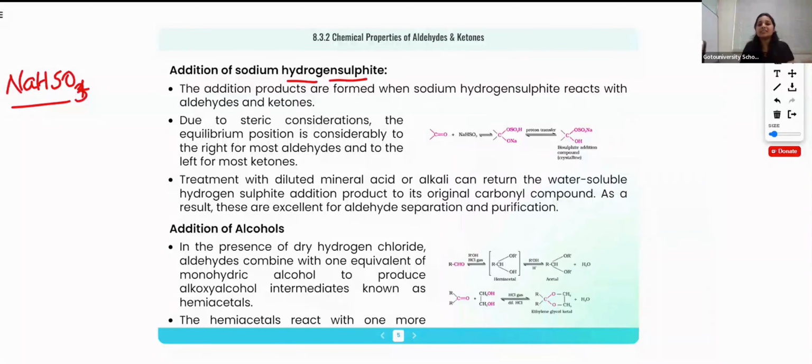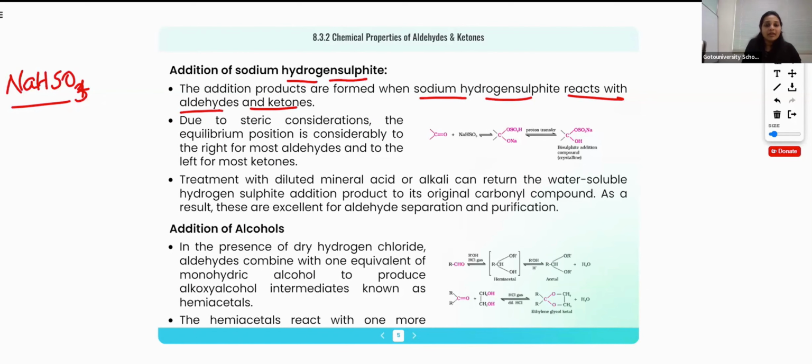The addition products are formed when sodium hydrogen sulfite reacts with aldehydes and ketones. Same thing. Addition product means everything is same. The mechanisms are again same. But the adding group is different, instead of the CN minus. That is the only difference.